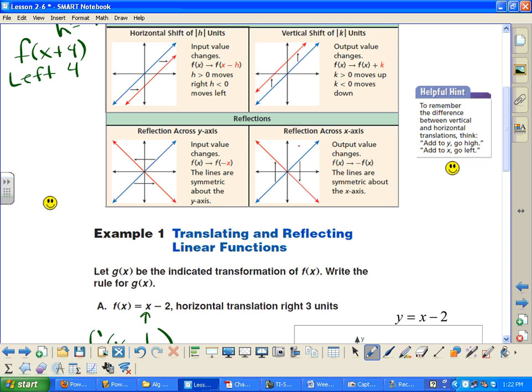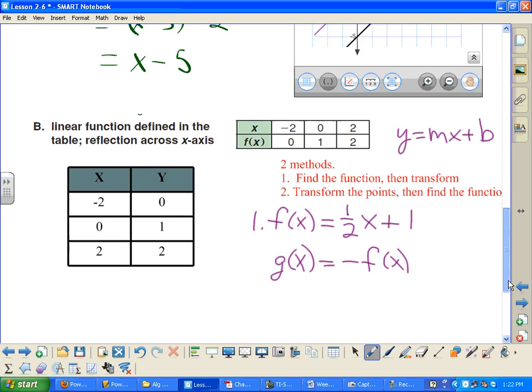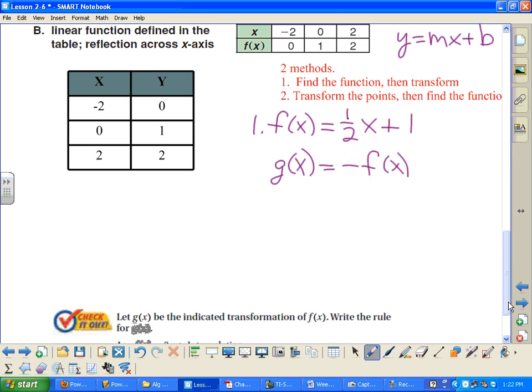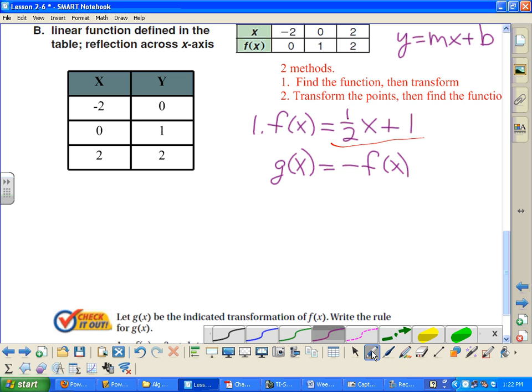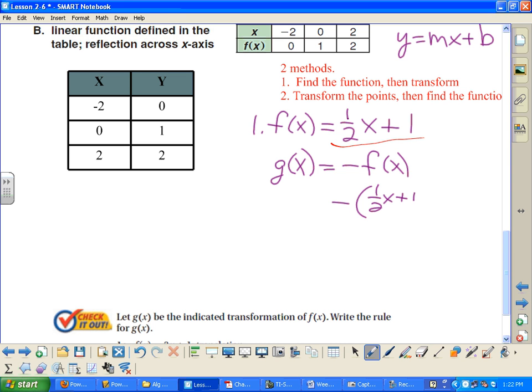It's a change in y. So I'm taking this whole thing here, and I'm going to do the opposite of it. So we're going to do the opposite of 1/2 x plus 1, and that'll equal -1/2 x minus 1.